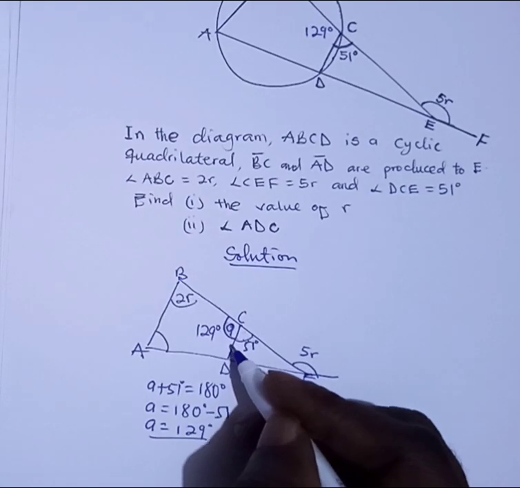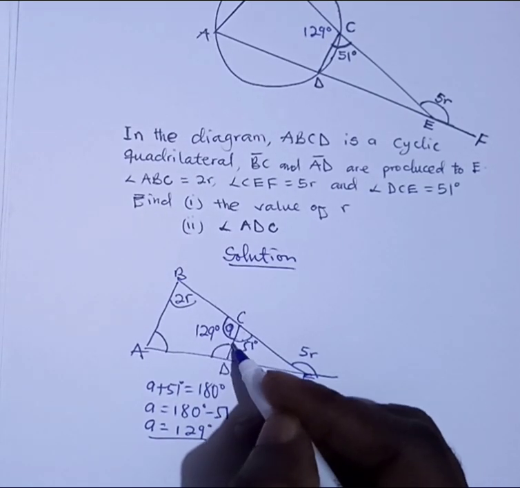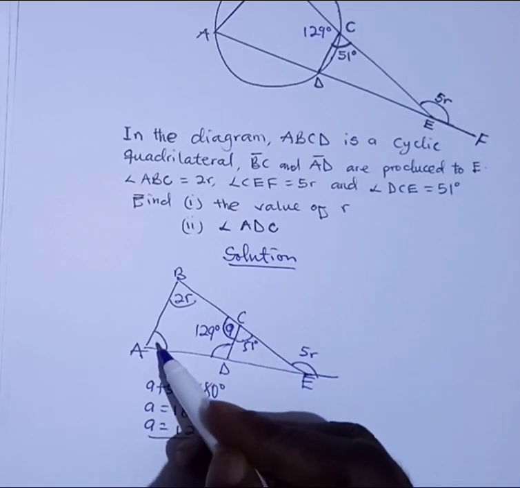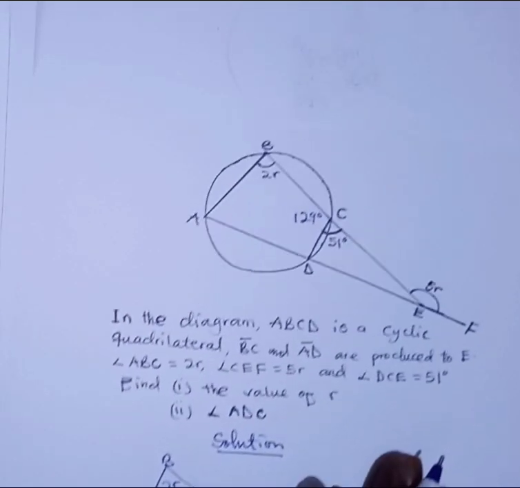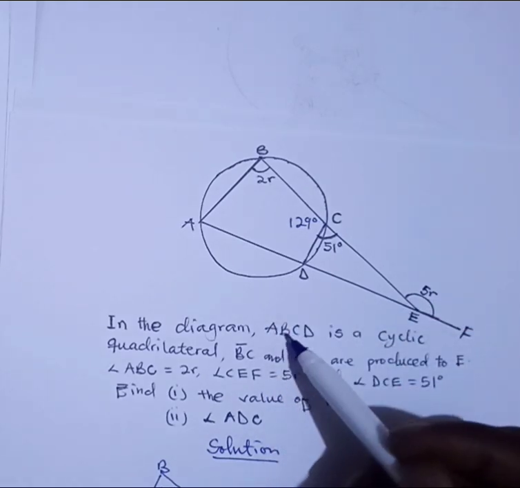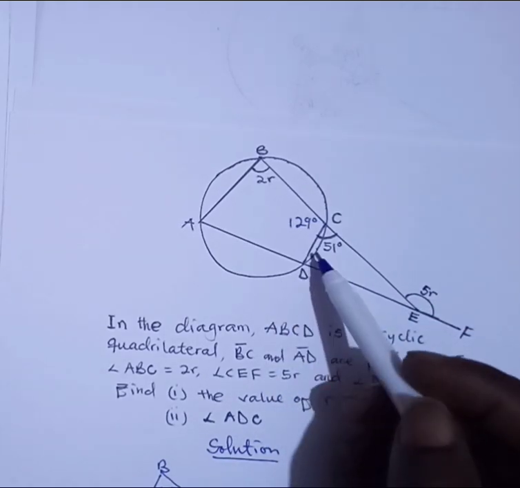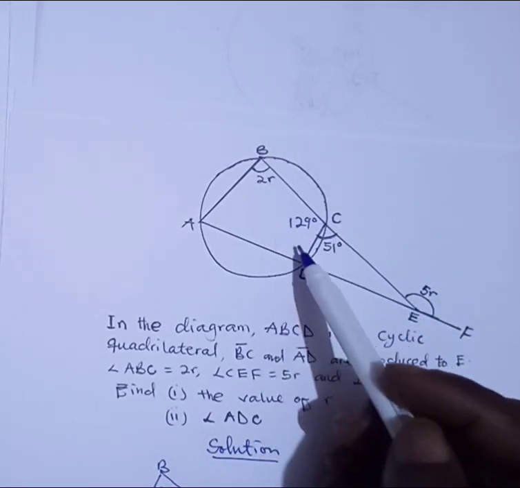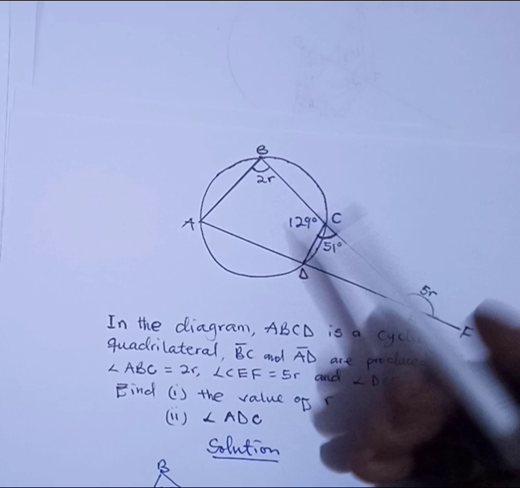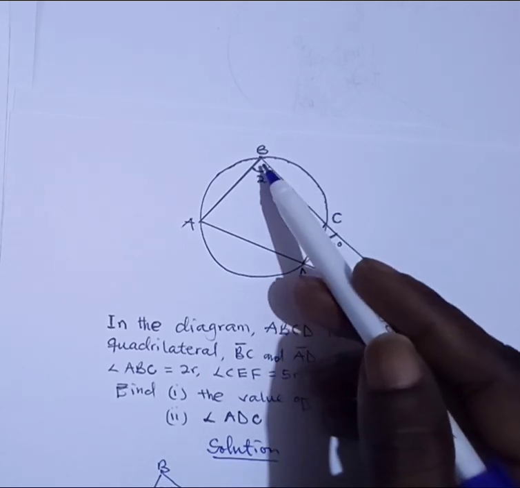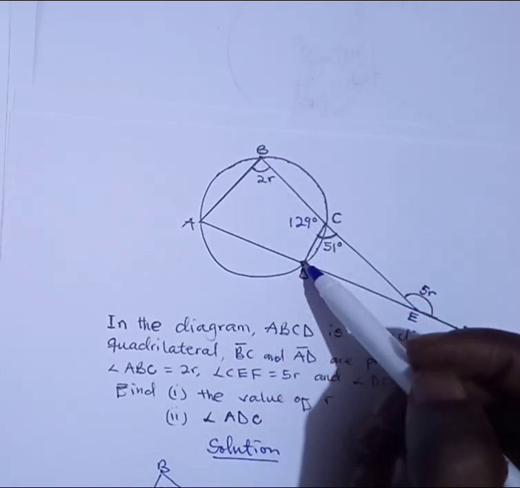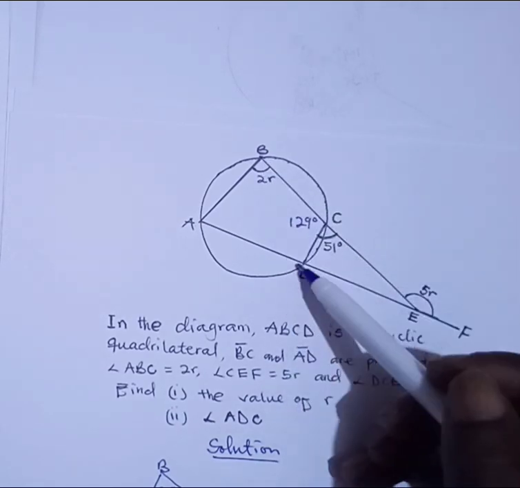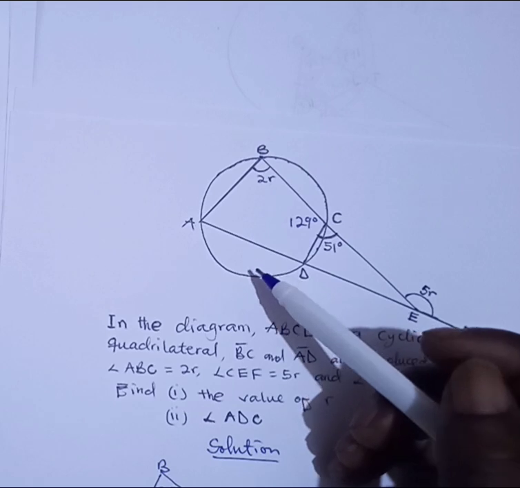Let's consider this angle and this angle. Look at this angle. Remember that we are saying ABCD is a cyclic quadrilateral, and for a cyclic quadrilateral we always say that the sum of two opposite angles is equal to 180 degrees. In the first place, what is a cyclic quadrilateral?